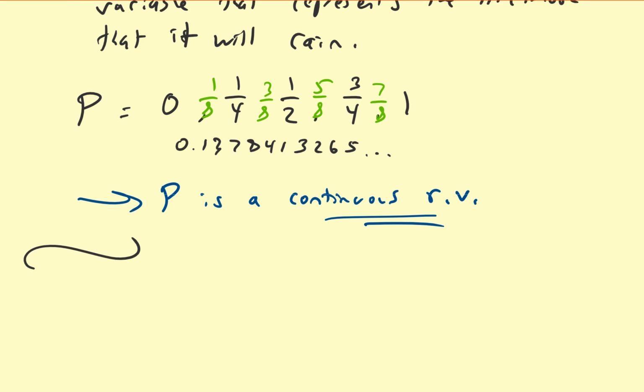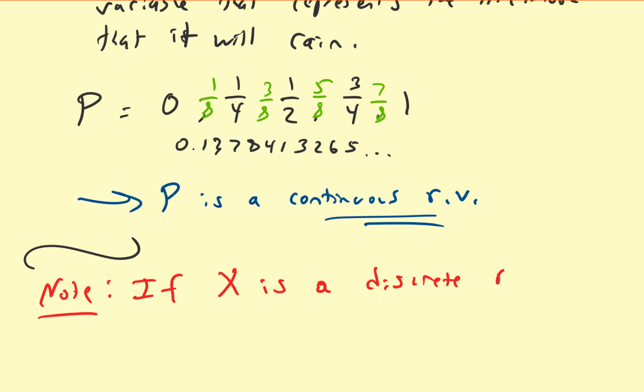And let us make a quick note here. So note, if x is a discrete random variable with many, and I'm going to put many here in quotes because this really depends on one's preference.